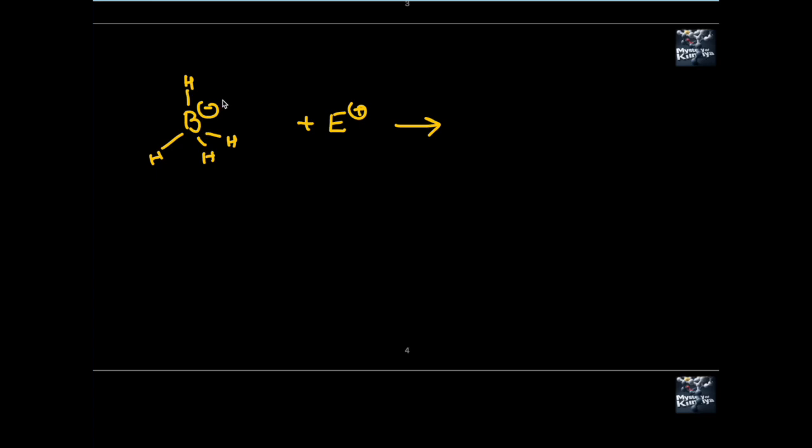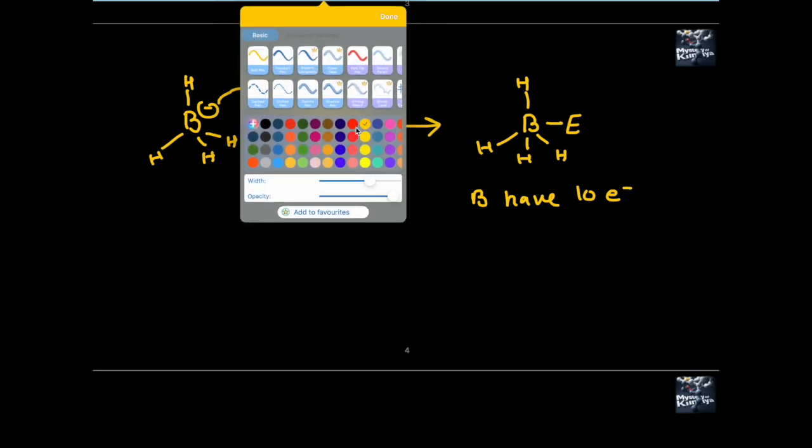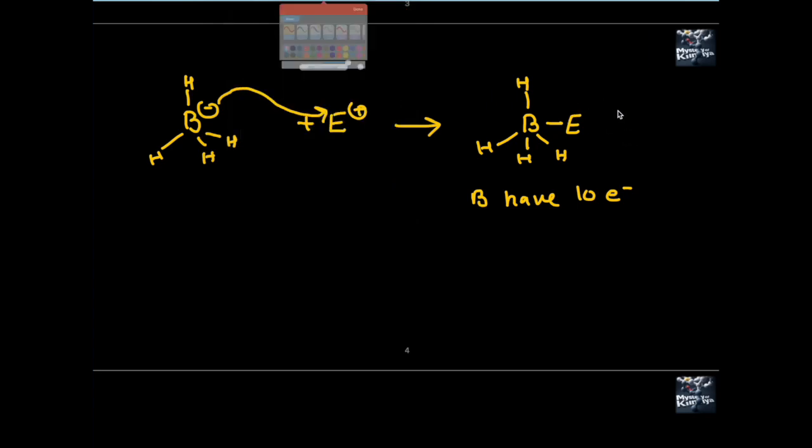Students attach this negative charge to the electrophile and make a bond. Actually this is not possible, because here you can see boron would have 10 electrons. This cannot be possible, right? Boron cannot make 5 bonds.